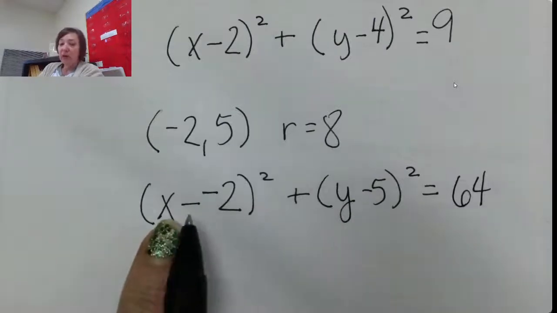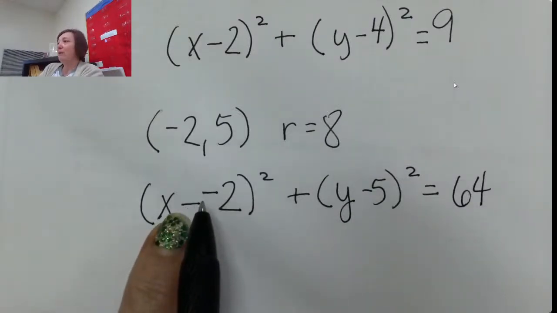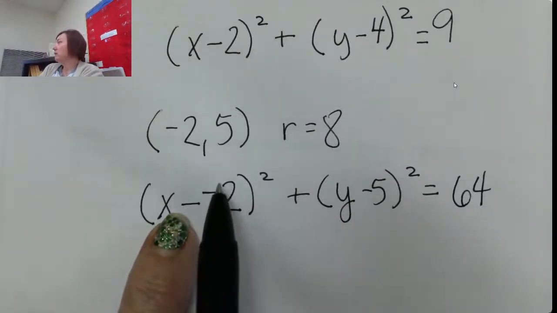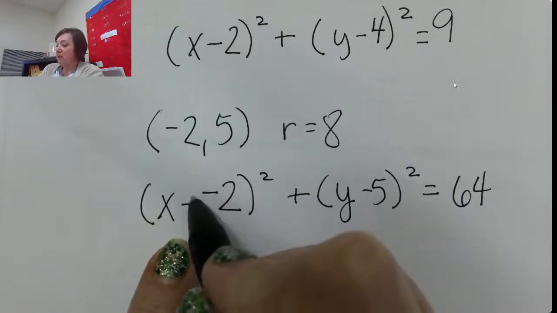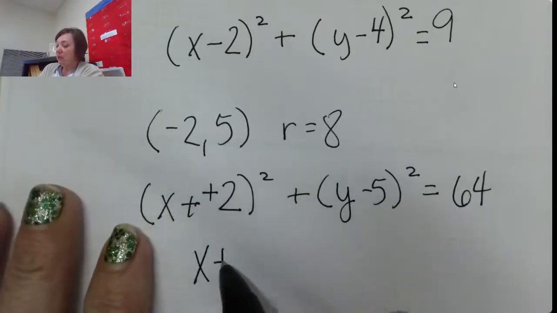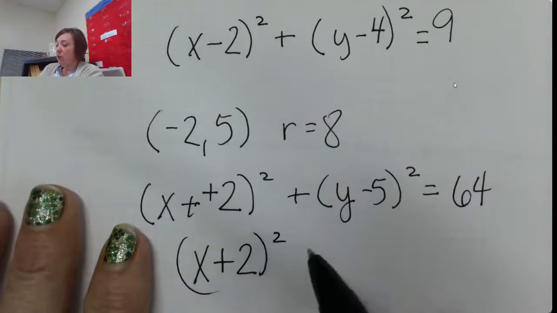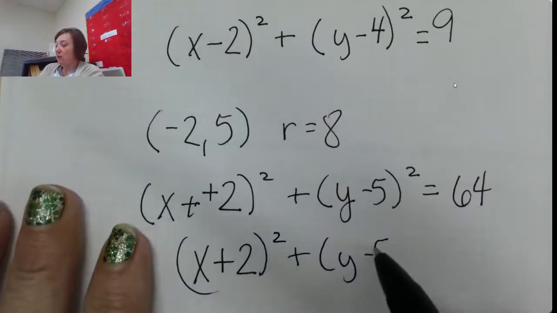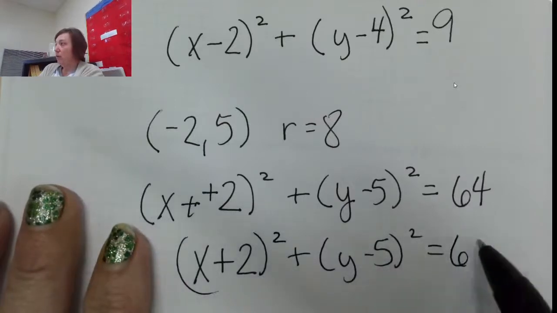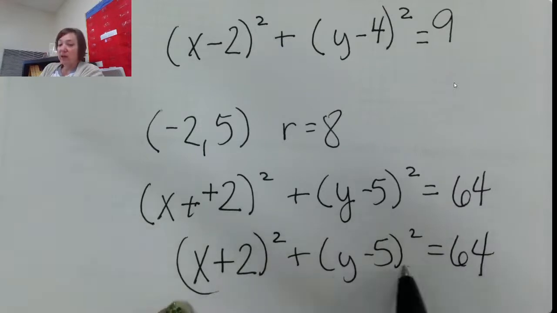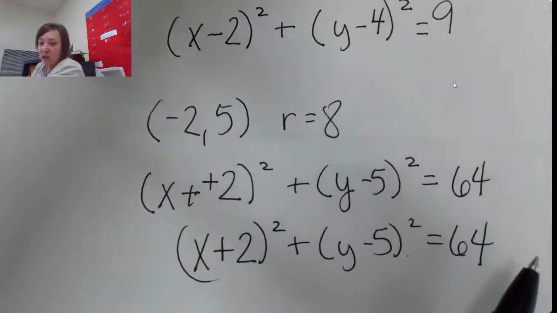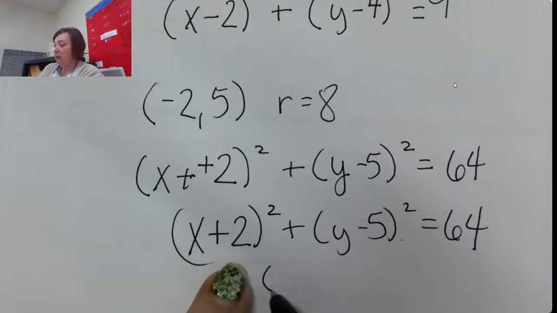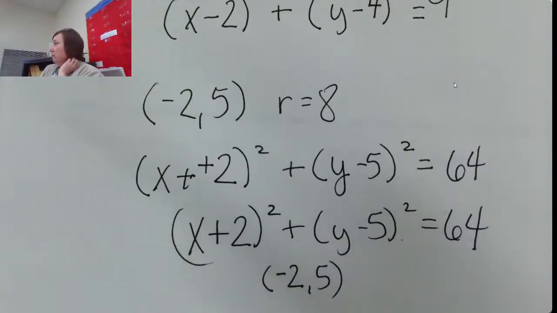So right here, we don't write minus negative. We would put plus instead. So if you see where it says x plus a number, what you know is that value is a negative value. So if I ask, what's the center of this circle? Well, the center would be (-2, 5). Y'all see what I'm saying?